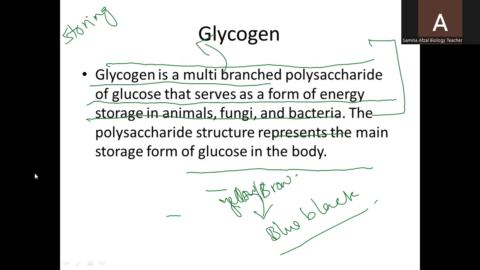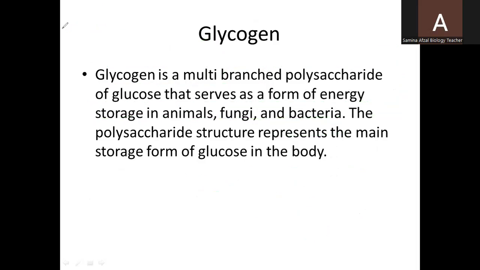And the second type of polysaccharide, which exists in animals, is glycogen. You know, when extra glucose is there in the body, it is stored in the form of glycogen. In plants, the extra glucose is stored in the form of starch, but in animals, the extra glucose is stored in the form of glycogen. So glycogen is a multi-branched polysaccharide. Starch has a branched structure, as we say amylopectin, but glycogen is more branched than starch.